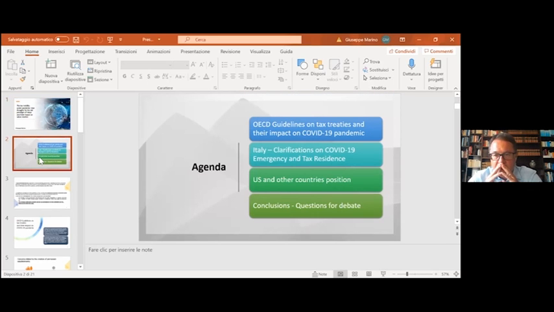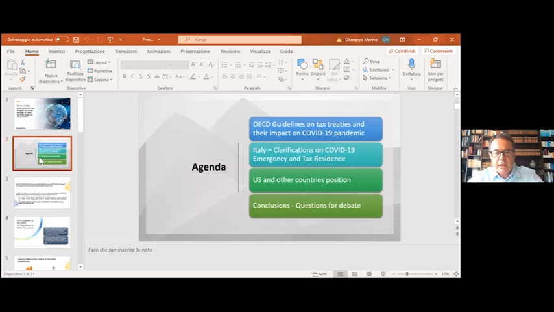We all know that once COVID exploded, the OECD immediately, probably knowing its member states, reacted with a recommendation.